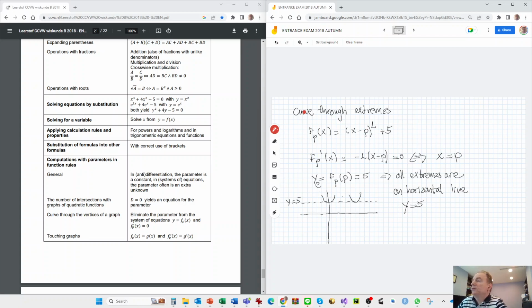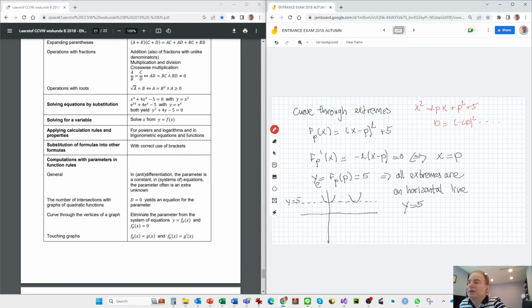So this is actually x squared minus 2p x plus p squared plus 5, and then I just write down my discriminant, b squared. I won't do this now, but you can write down your discriminant and then check for which p this is positive, 0 or negative.